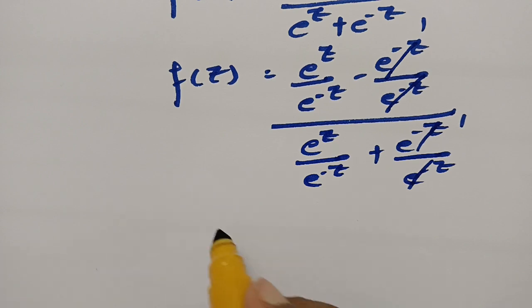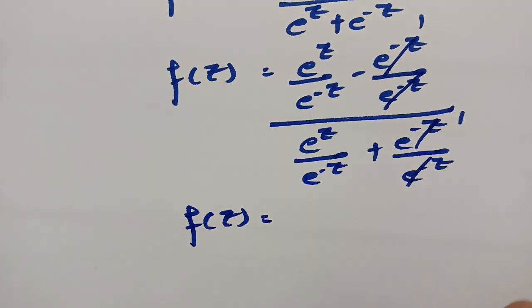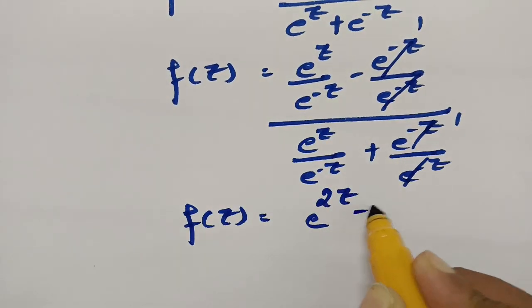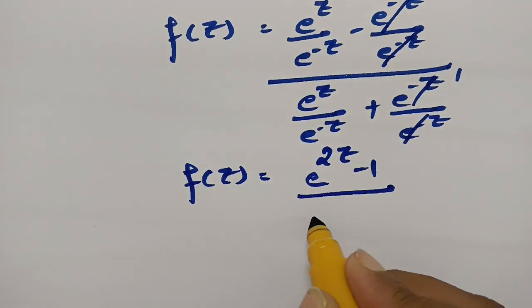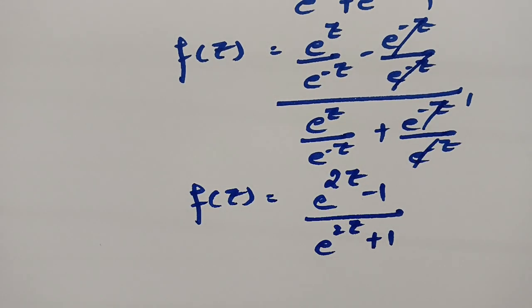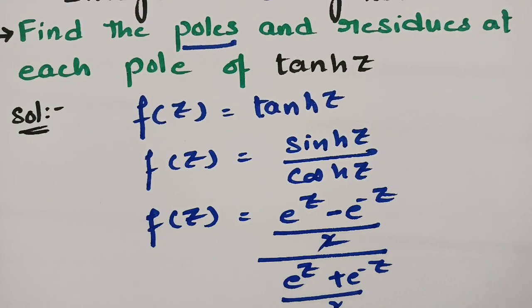So what remains here? f of z is equal to e power 2z minus 1 by e power 2z plus 1. So here we got the function value, f of z is equal to e power 2z minus 1 by e power 2z plus 1.